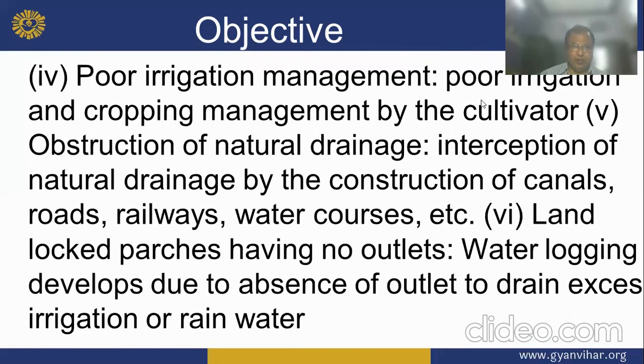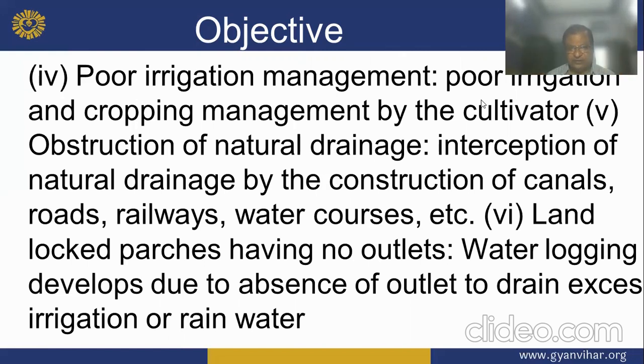Poor irrigation and cropping management by the cultivators. Obstruction of natural drainage: interruption of natural drainage by the construction of canals, roads, railways, water courses, etc.